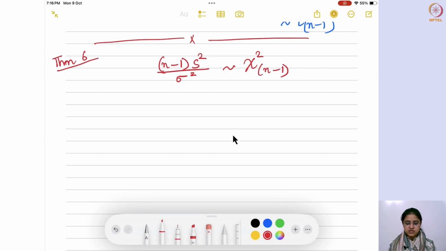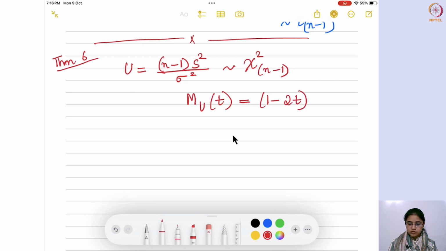So in this case, suppose I denote this random variable by U. If I can show that the MGF of this random variable at t is 1 minus 2t to the power minus n minus 1 by 2, then this would be your chi square distribution with n minus 1 degrees of freedom.